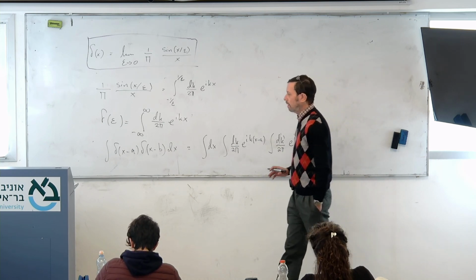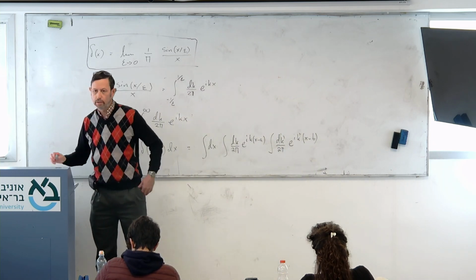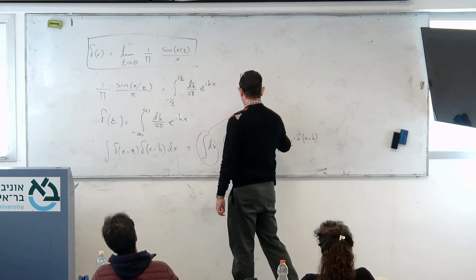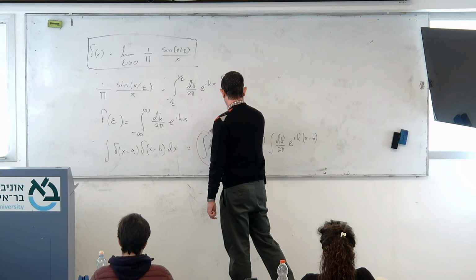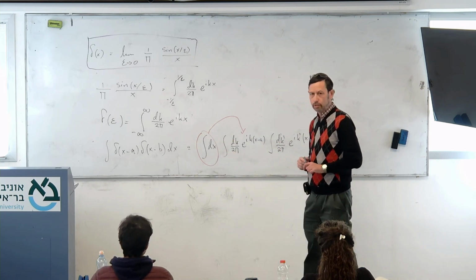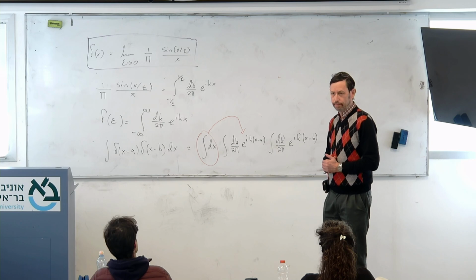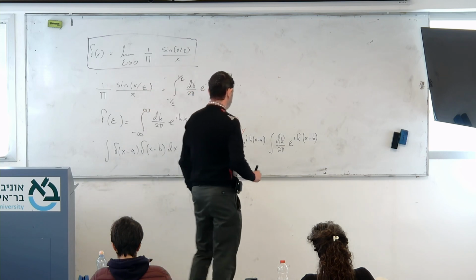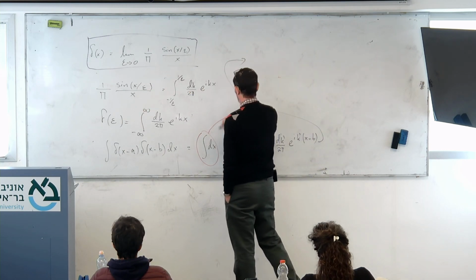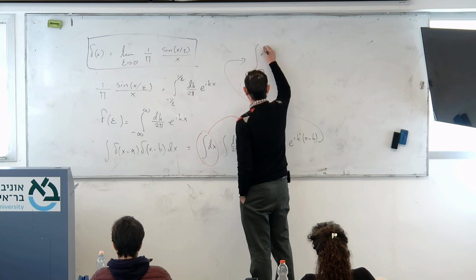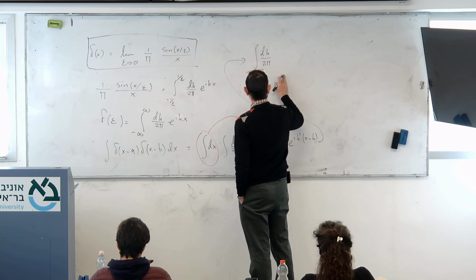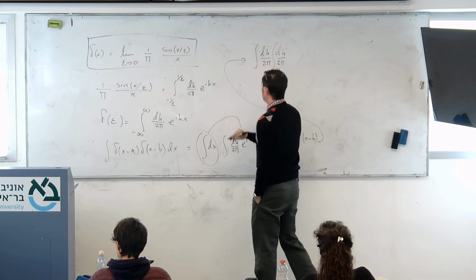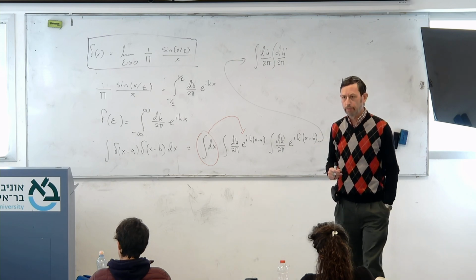Now, this step returns endlessly. I first perform the integral over dx, so I'll change the order of integration, moving the integration over k and k prime.